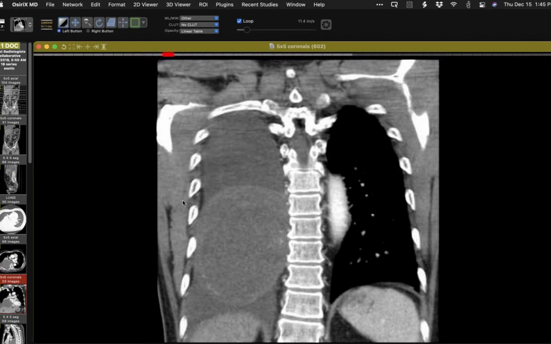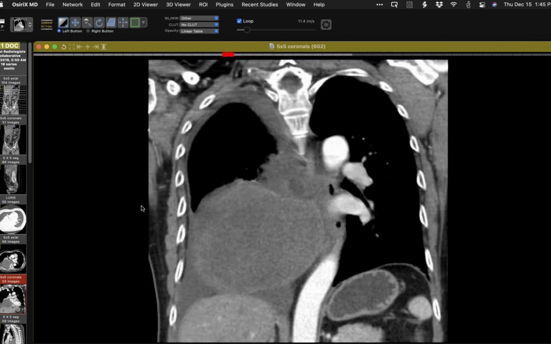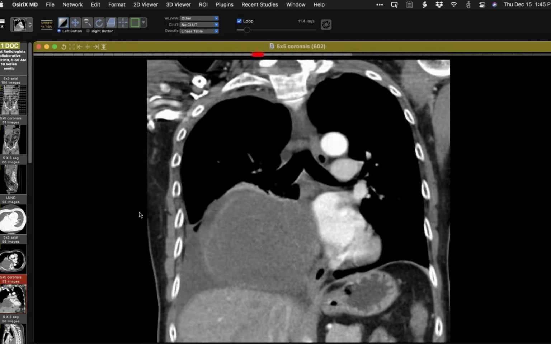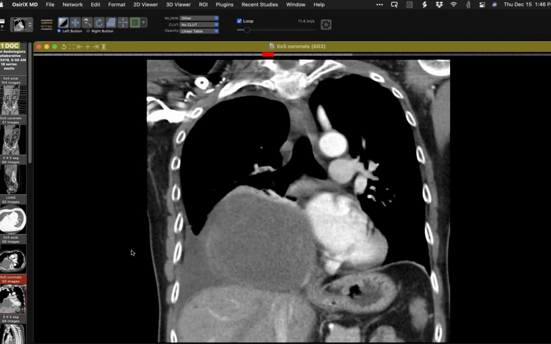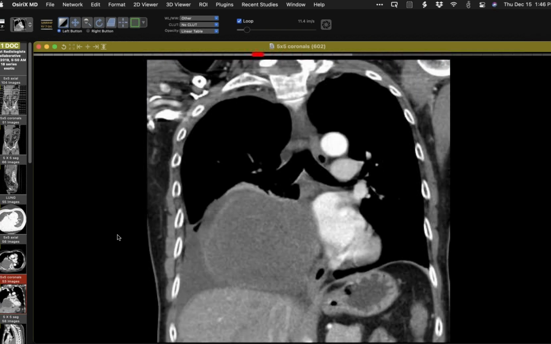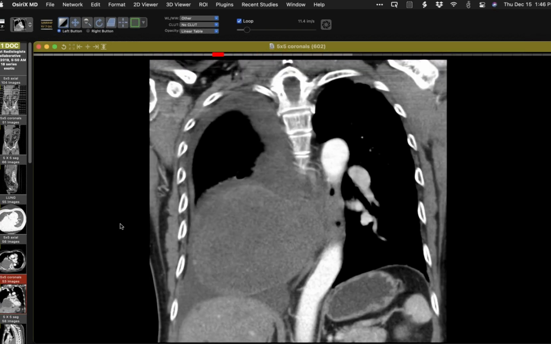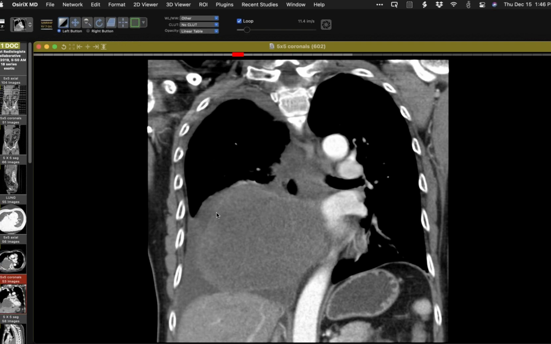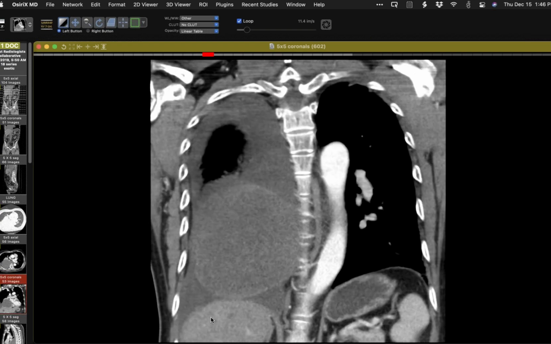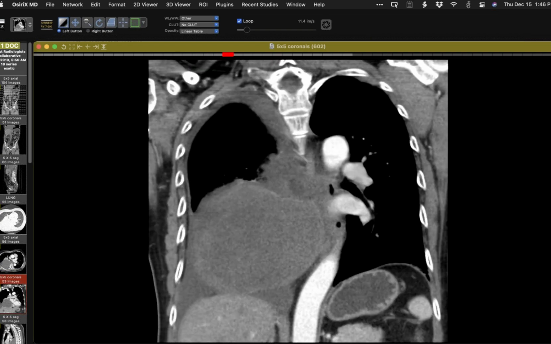So I'll show the coronal because it corresponds nicely with the coronal FDG, which I'll show you. So here's a big mass. You can see that there is pleural fluid, but you can appreciate the size of it here and its attenuation characteristics and the way it's pushing on things.